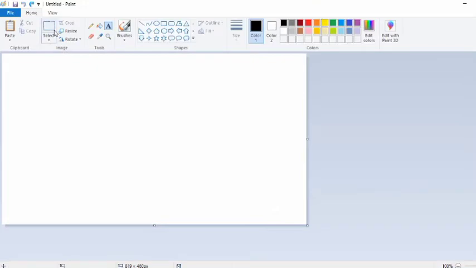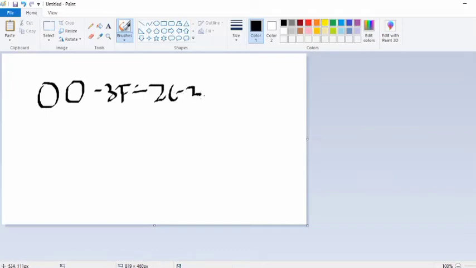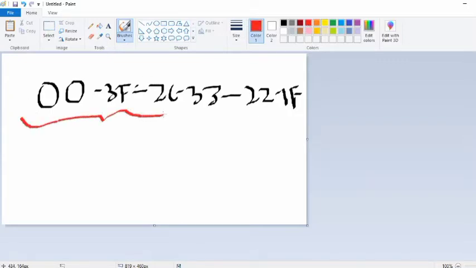Let's say now: 003F, then 2C, then 33, then 22, then 1F. Suppose this is this part and this part. So this is a kind of MAC address.